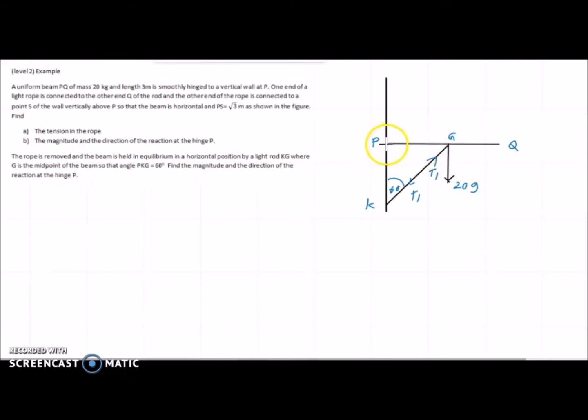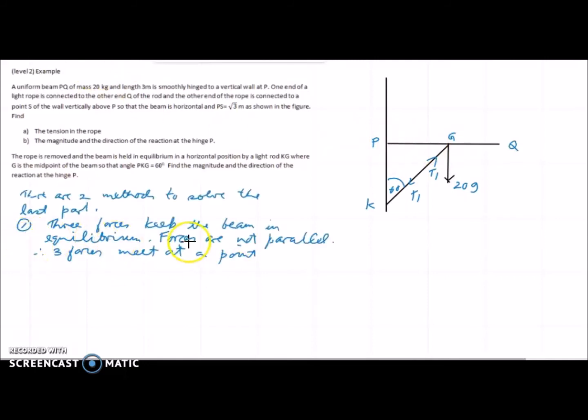That is, the reaction also passes through G. This is the first method. So the reaction starts from here and passes through G. That is, the reaction is in the horizontal direction, in the direction PG.